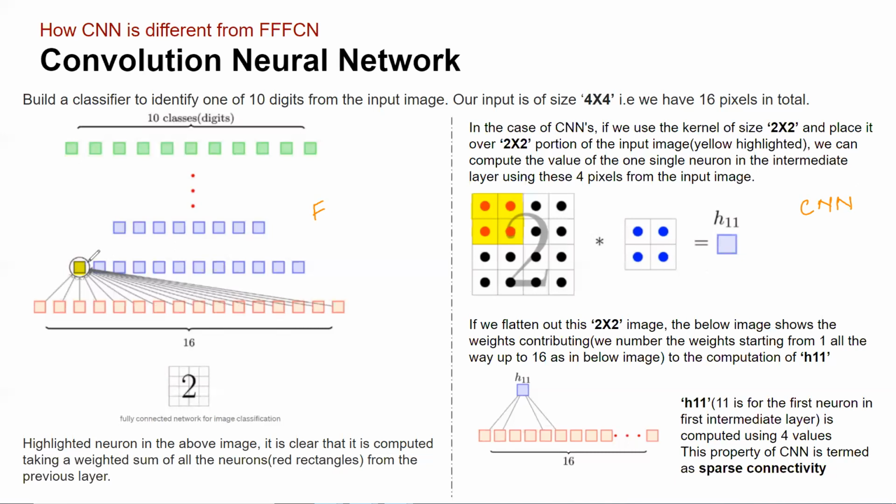To compute this neuron, I'll be relying on all these n number of neurons in the previous layer. Whereas in case of CNN, I'm not relying on all those n number of neurons. Rather, I'm relying only on a small number of neurons, which will be decided by kernel size.